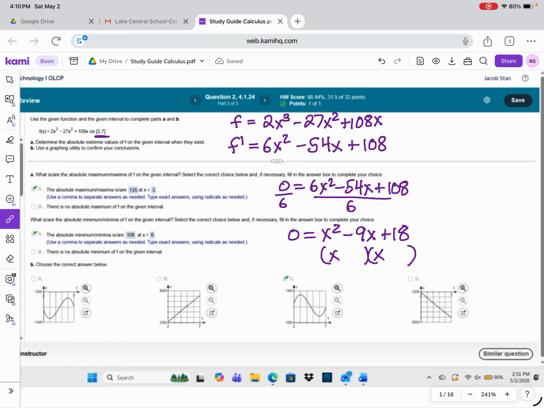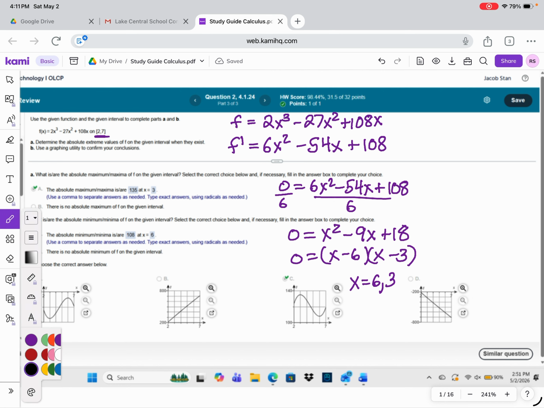And we're looking for numbers that add up to be -9 and multiply to be positive 18. So it's going to be -6 and -3, because -6 times -3 is positive 18, and -6 plus -3 is -9. So when we take each of those and solve it, we get x is equal to 6 and x is equal to 3.